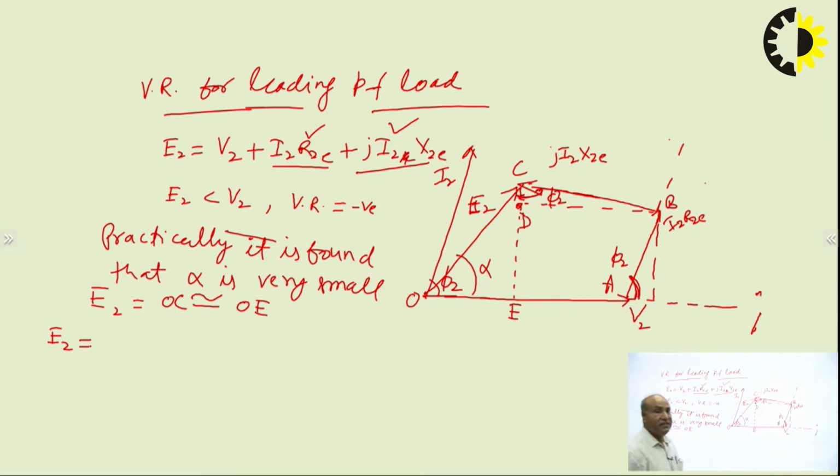Now we can write E2. What will be E2 from this diagram? We can see that E2 means OE. Suppose OE will be equal to OA plus EA.